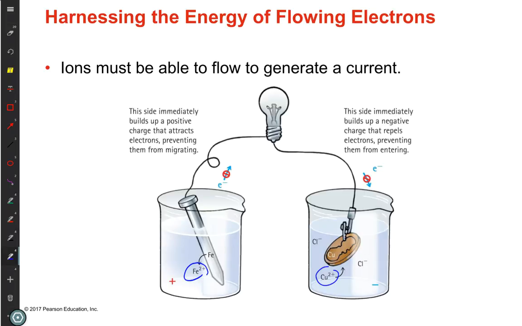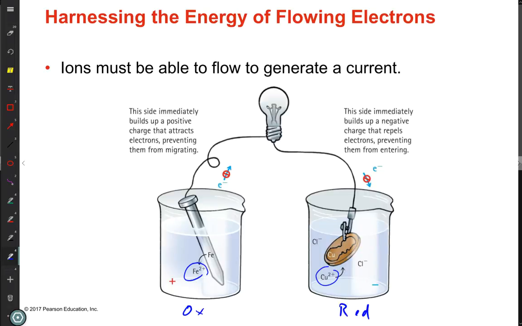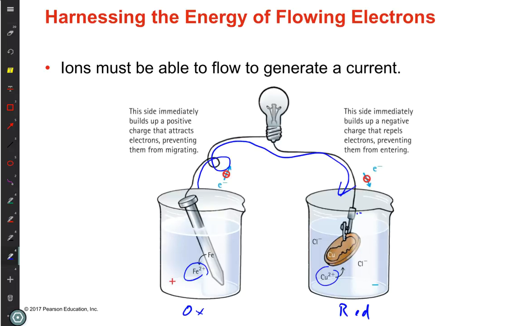So gain electron, reduction. We had oxidation over here, reduction over here, and the result is that this side is electron poor and this one's electron rich, so electrons flow from the place that has extra electrons to the place that is missing electrons. That's the basis of how a battery works.